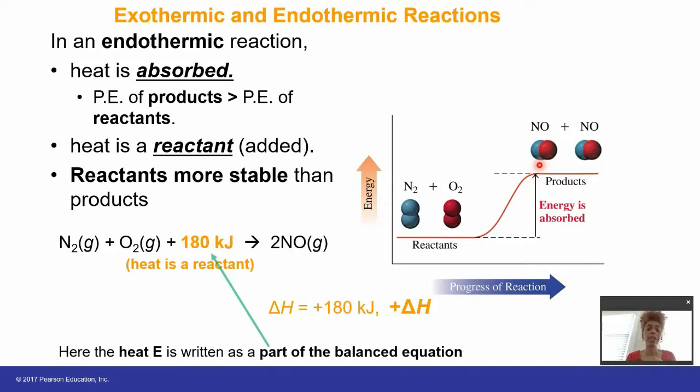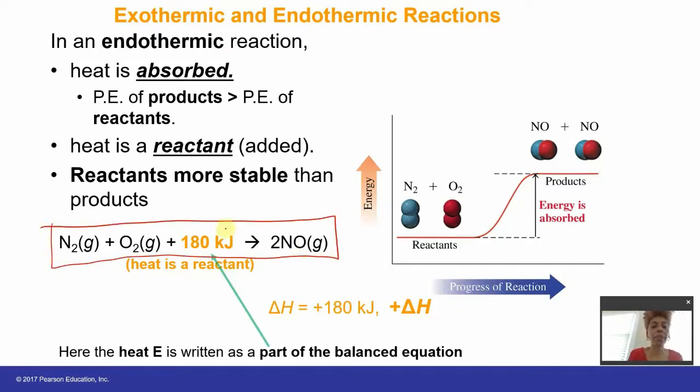So if we're looking now at a balanced chemical equation, notice that because energy must be added into the system, it is written on the left-hand side of our reaction because it is now a reactant. For an exothermic reaction, the energy is a product and we write it on the right-hand side.